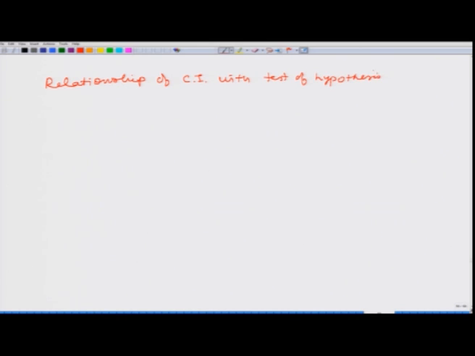You have seen that in the case of a confidence interval, essentially we are trying to find two statistics Lx and Ux, the lower bound and upper bound, and we believe that this area is 1 minus alpha percent and this area is alpha by 2 percent and this area is alpha by 2 percent.